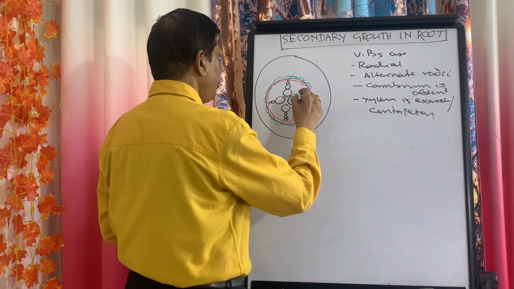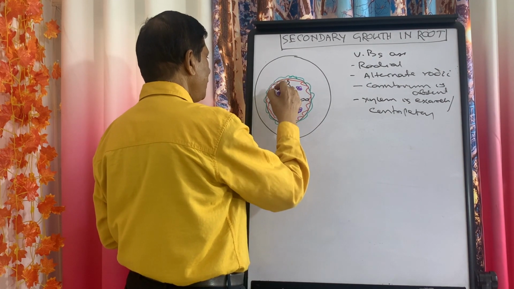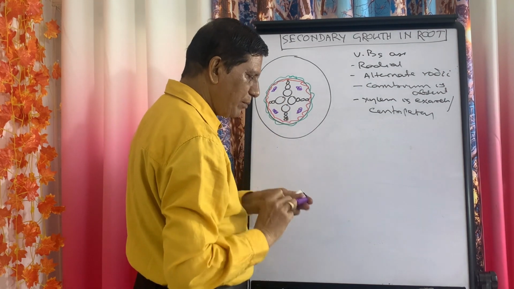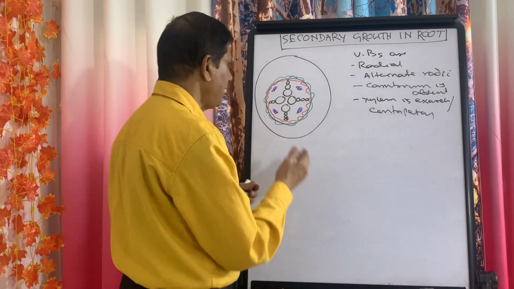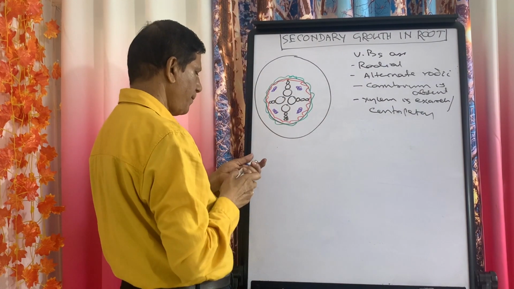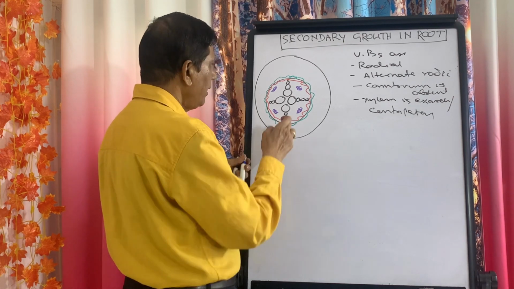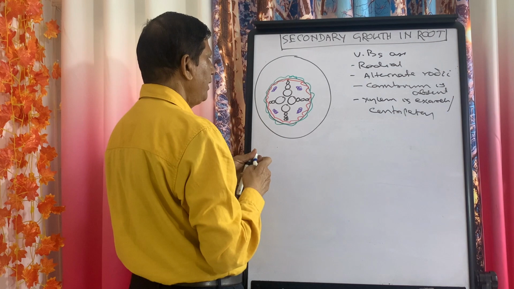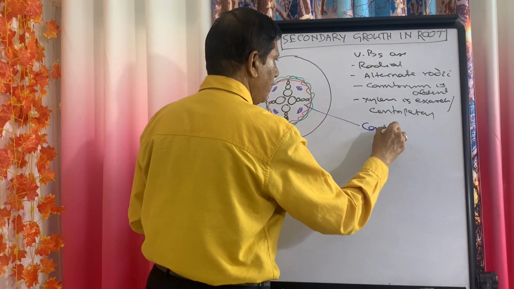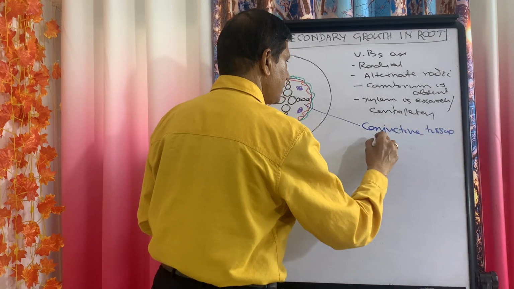This is a patch of phloem, this is a patch of phloem, then this is one patch, this is one patch. And here the xylem, phloem all are primary. The xylem is primary xylem, phloem is primary phloem, everything is primary. And the tissue which is present in between the xylem and phloem is known as conjunctive tissue, which is parenchymatous.